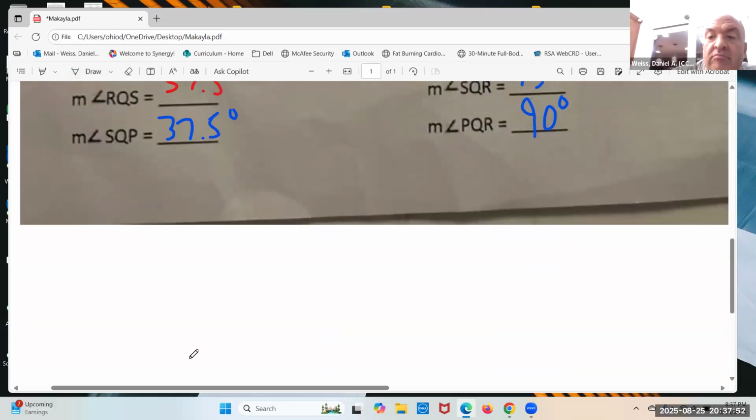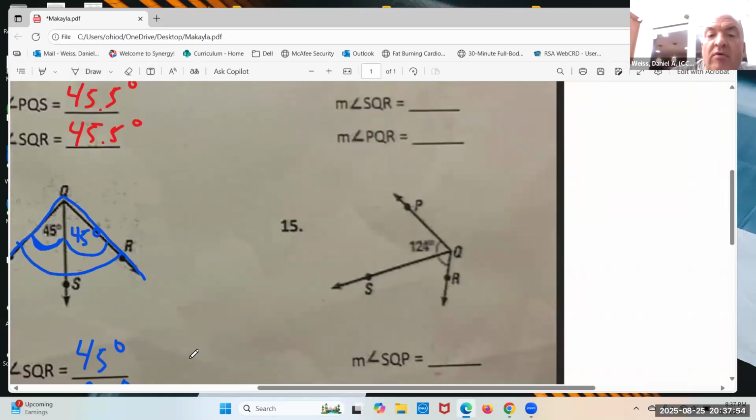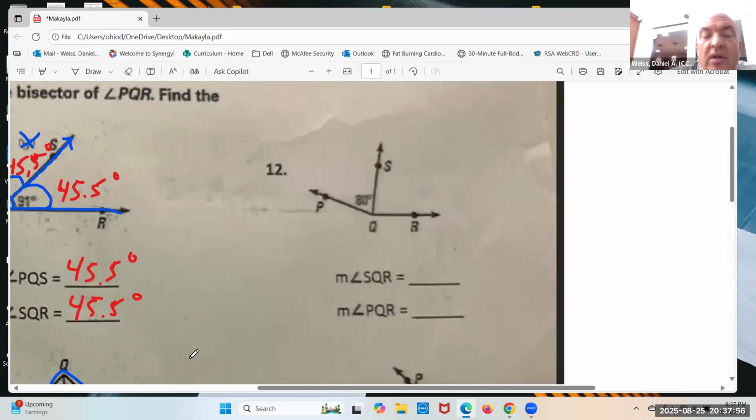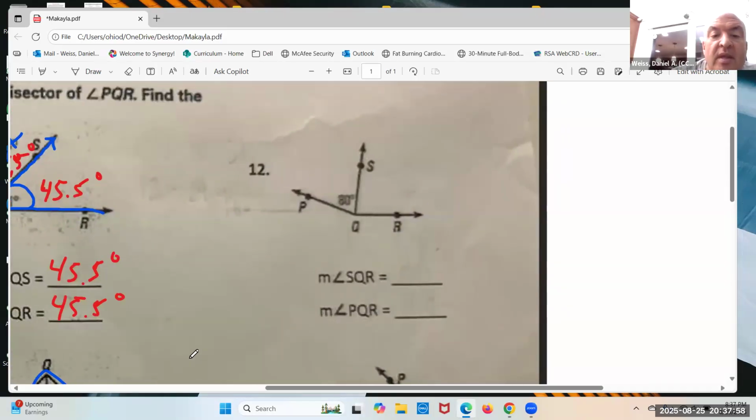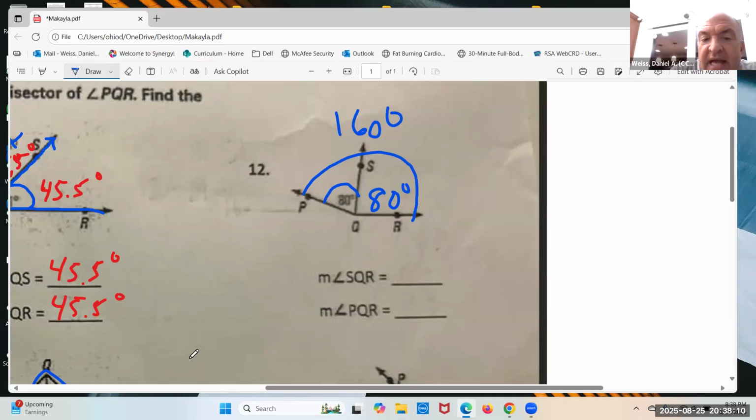Over here, this guy is 80, and the whole thing is 160. SQR, that's 80. PQR, the whole thing, is 160.